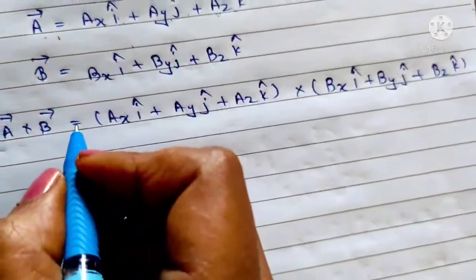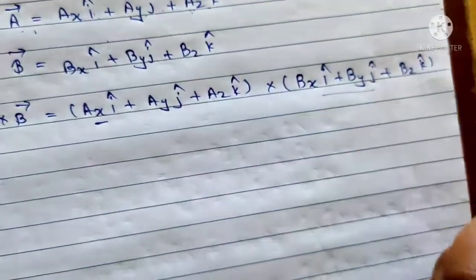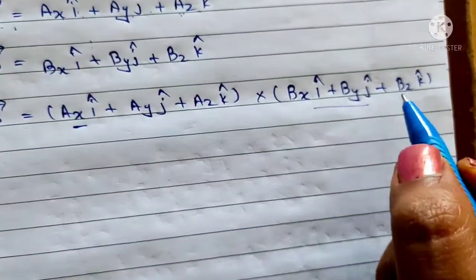Now take the cross product of each of these components with all three components of the second bracket.